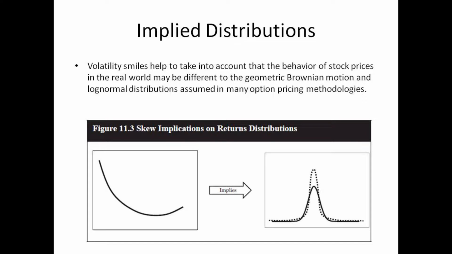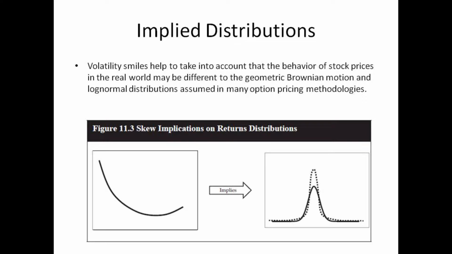So in particular with the skew, with the image we're looking at on the screen right now, that's implying that the left tail of the distribution is wider than a log normal distribution. It's equally showing that the right tail is fatter as well, but in particular the left tail is significantly fatter than you would expect if stock prices were normally distributed.